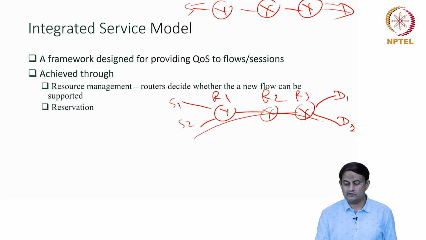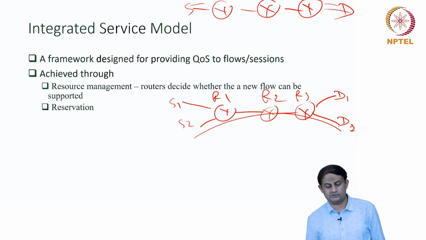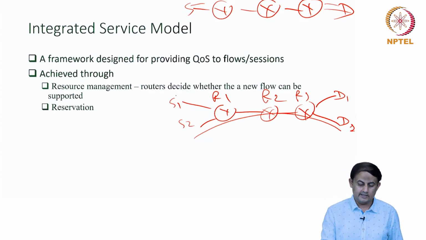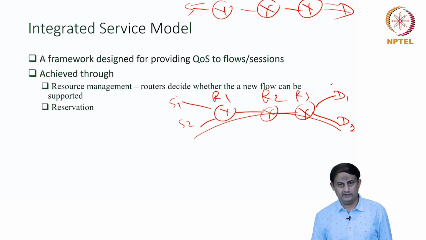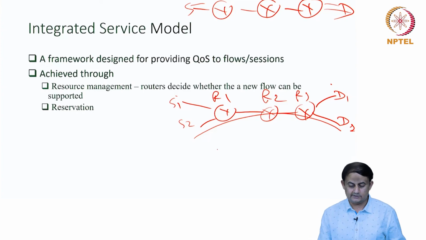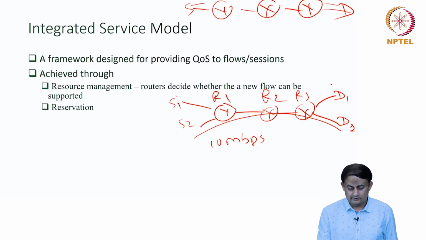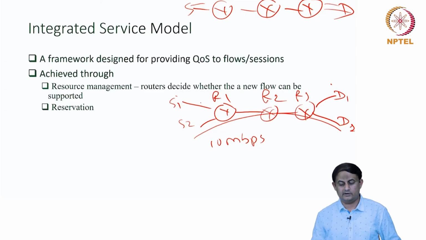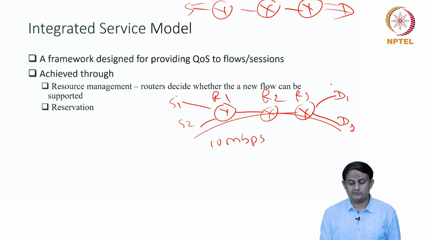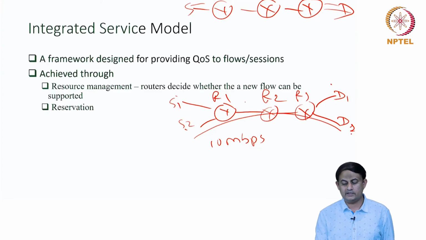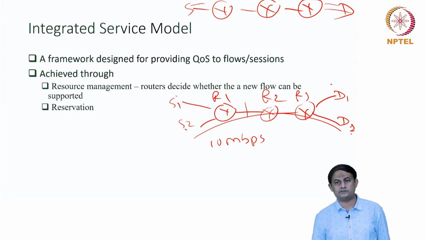If S2 and D2 are already engaged in conversation and S1 wants to talk to D1, and S1 says, I want a bandwidth of 10 Mbps, now when this requirement comes to R1, R1 needs to decide whether, without disturbing the ongoing conversation between S2 and D2, 10 Mbps of bandwidth is available in this link.